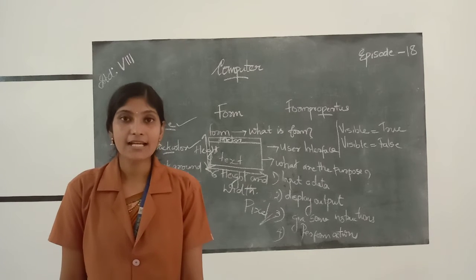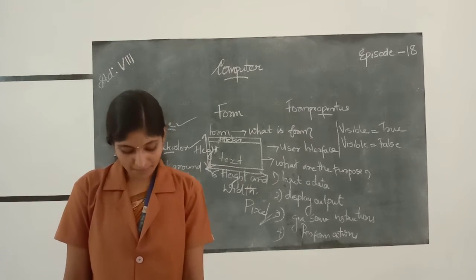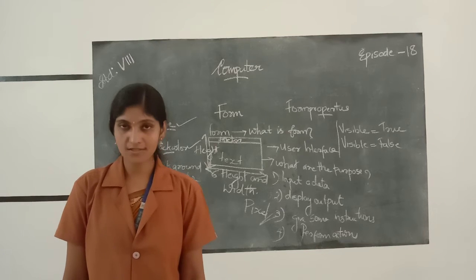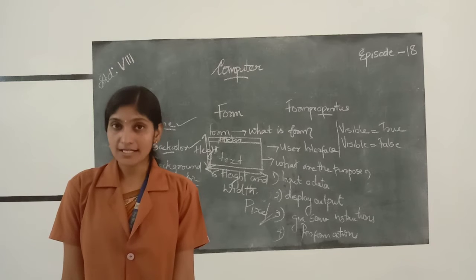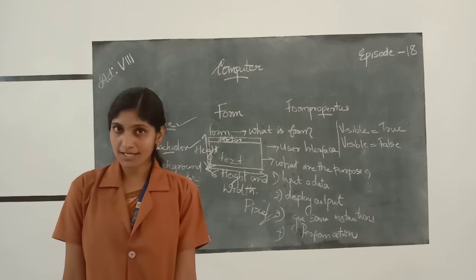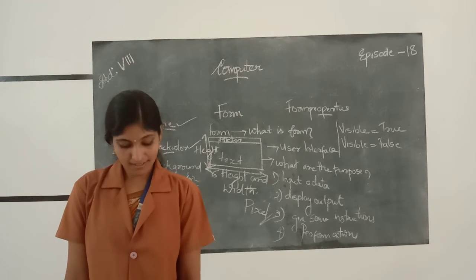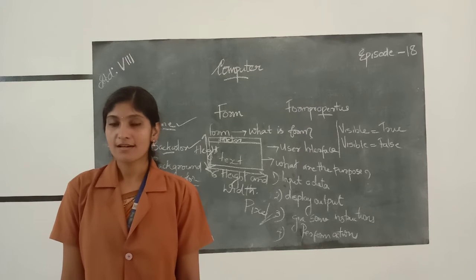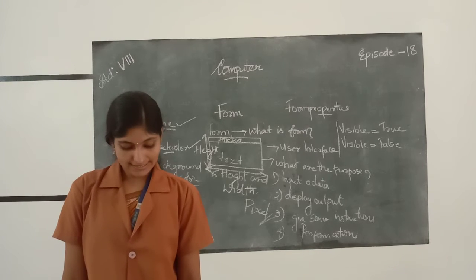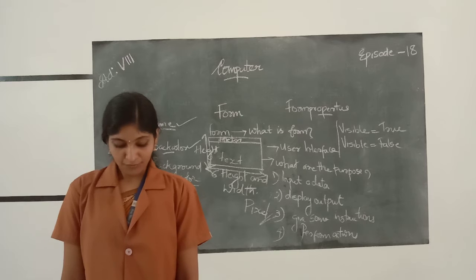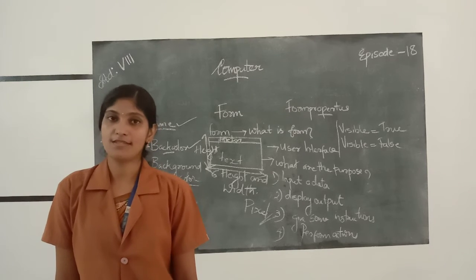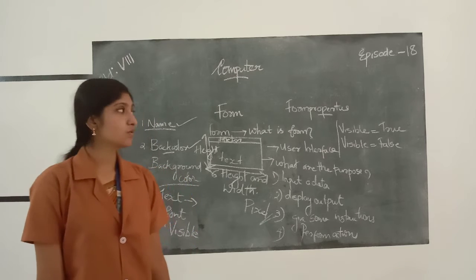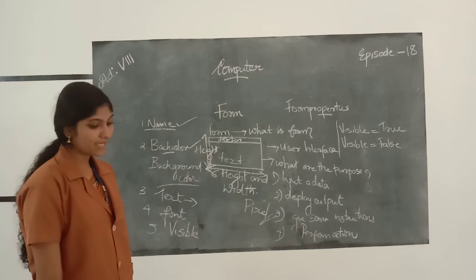The next is control box. So another property is control box. That means if you want to display buttons like the minimize button, maximize button, close button, restore button, etc. If you do not want any buttons like this, you can set it to false. Otherwise, you can set true. So what is that property?